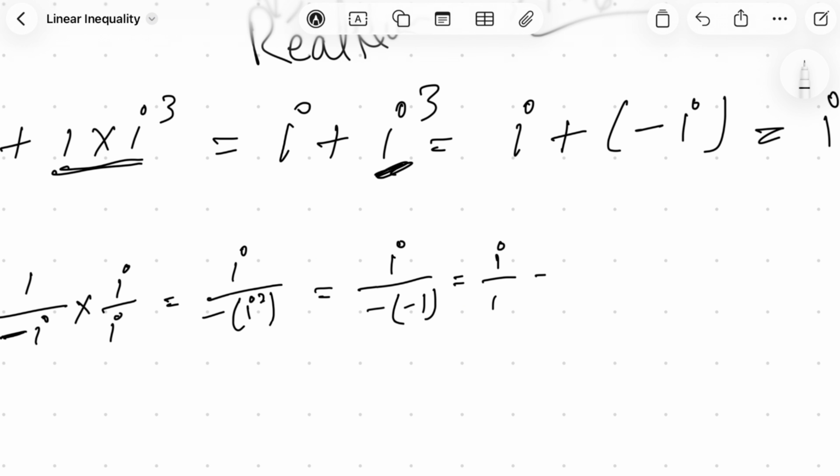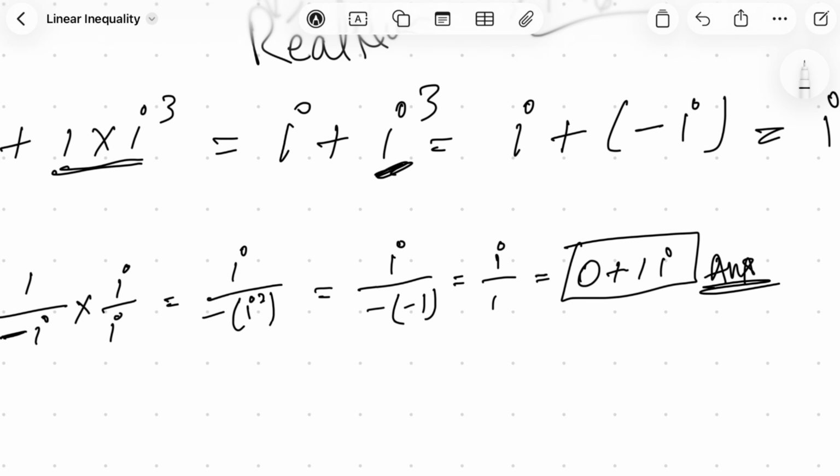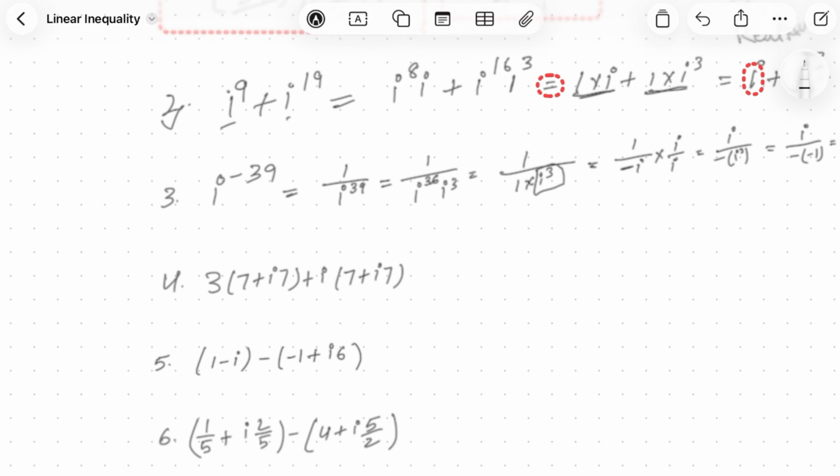So the imaginary part is i. We have real part 0 plus imaginary part 1i, and this is the answer. Now question number 4.